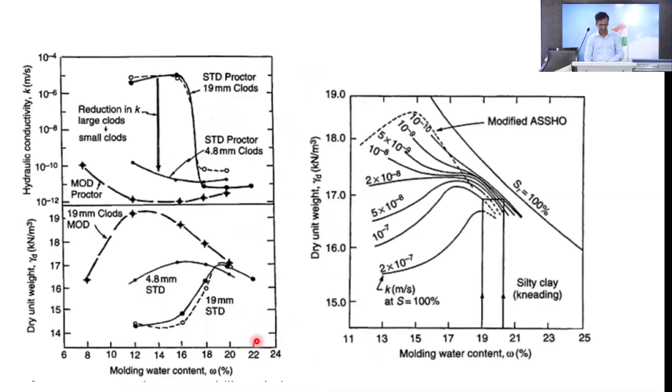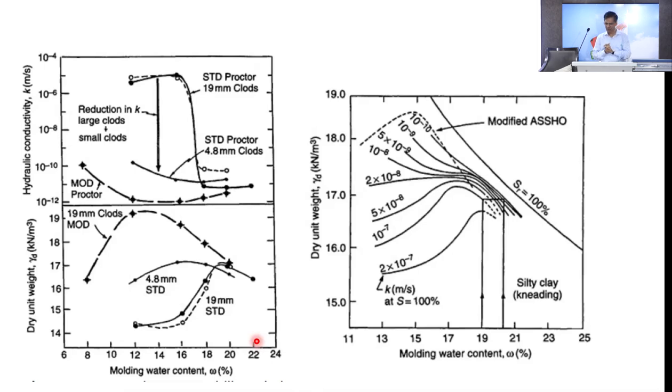Next, another one: standard Proctor or modified Proctor, and the roller, 8-ton roller or 10-ton roller or 12-ton roller. If you are giving more energy, that also makes a difference. Again, the particle size: the clogging, 19 mm or 4.8 mm, so what is the size?